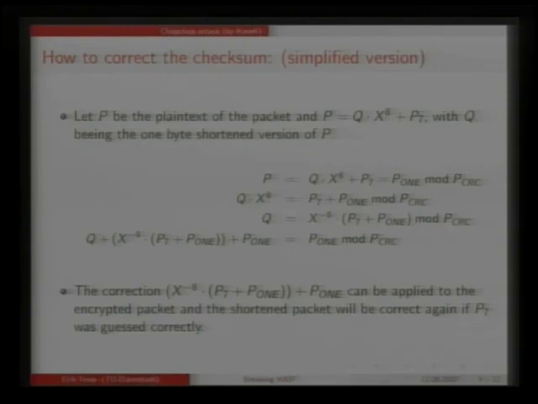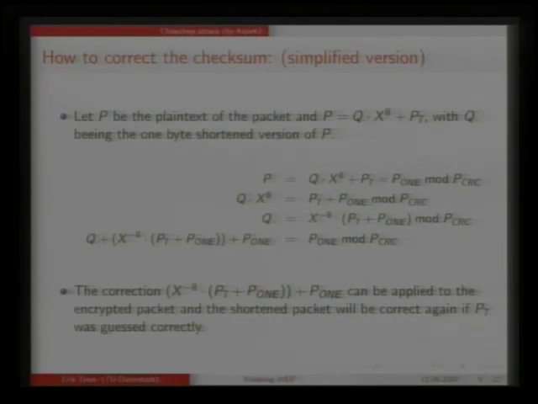So what you got is you got a packet P, and you can separate this packet into 2 parts. The left part Q and the rightmost 8 bits called P7. And this packet, because you have received it from a correct station, has a valid checksum.